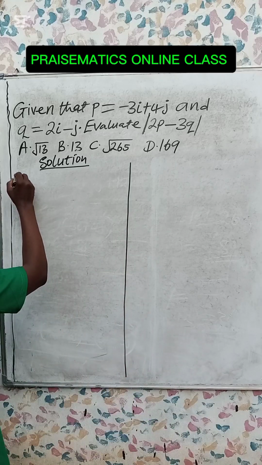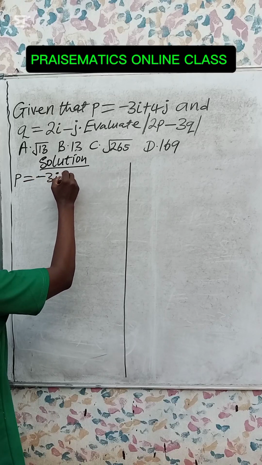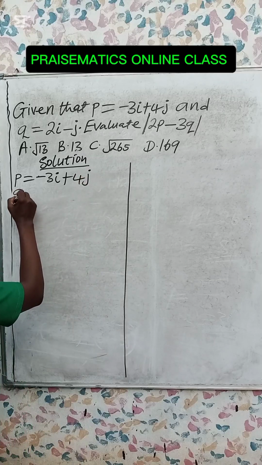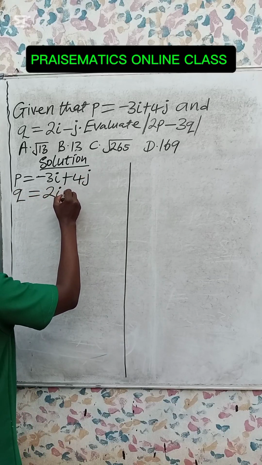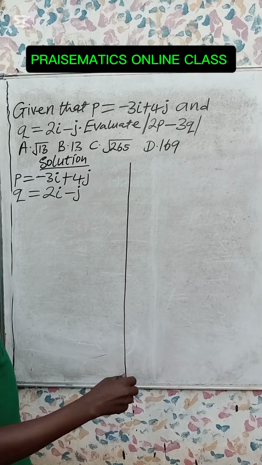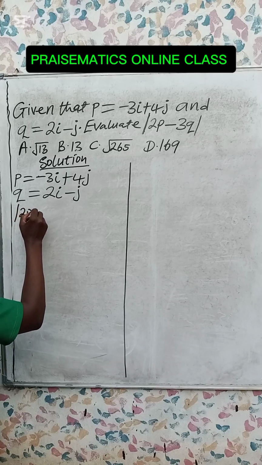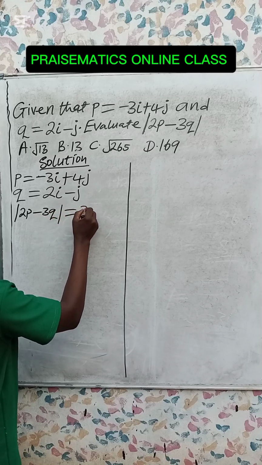Given that P equals minus 3i plus 4j and Q equals 2i minus j. And what are we looking for? We are looking for the magnitude of 2P minus 3Q, which is not given.